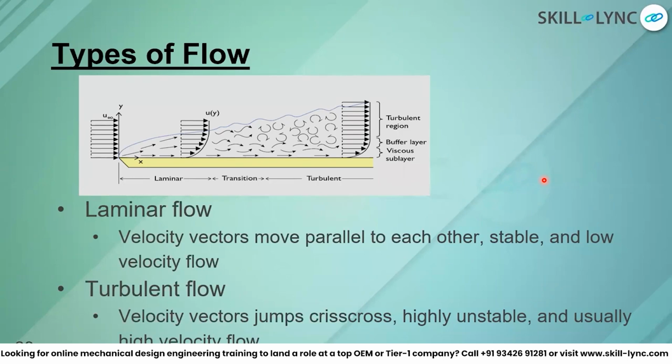Now, the turbulent flow, what I can say is the height of randomness, or the degree of randomness, whatever you can imagine, that's a turbulent flow in the fluid when the fluid is moving. So we can see, it's really complex. The fluid layers are not moving parallel, they're crisscrossing, they're jumping here and there. So the velocity vectors, where you can see near the wall, it is somewhere here, and all of a sudden they're jumping from here to here.